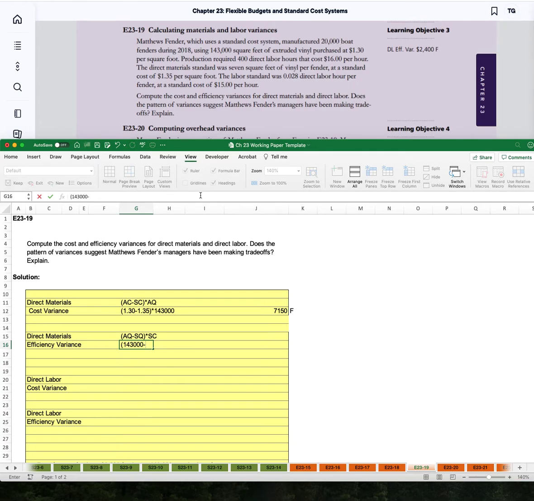So let's do another set of parentheses here for standard quantity, 20,000 fenders times 7 square feet, close parentheses, times our standard cost, which was $1.30. Oh, I'm sorry, that's our actual cost. Standard cost, $1.35.